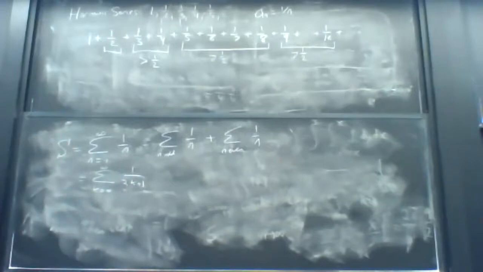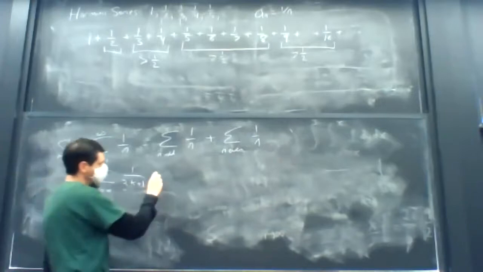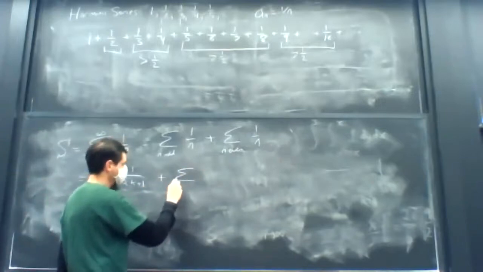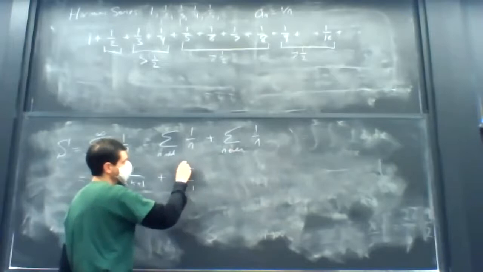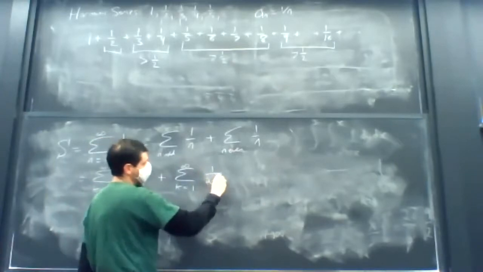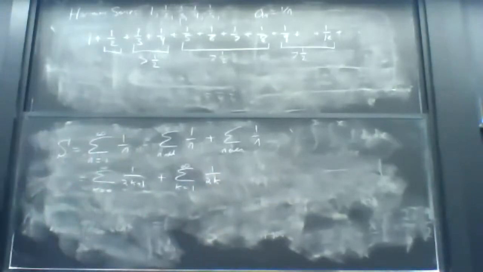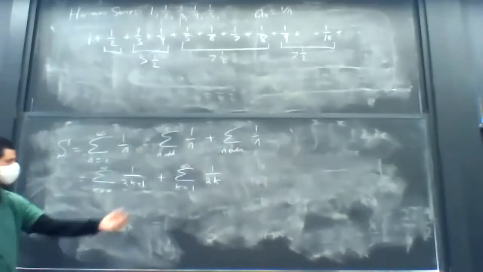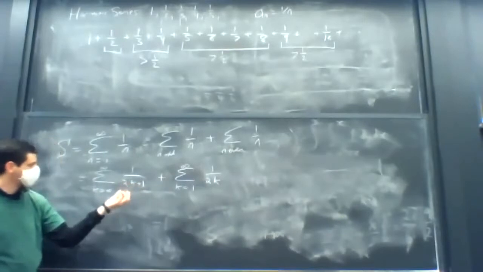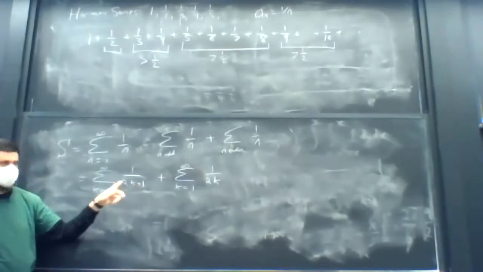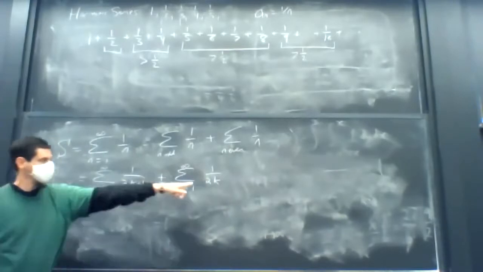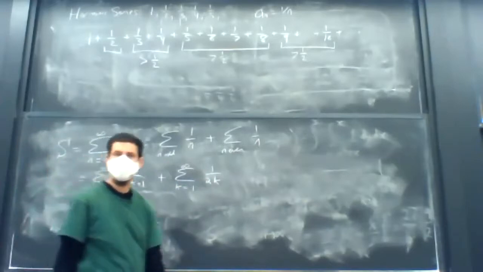Those are going to be my odds. Plus the sum, k goes from 1 to infinity of 1 over 2k, which is my evens. So I'm just writing an arbitrary even as 2k, an arbitrary odd as 2k plus 1. And I start off with the first odd as 1, 2, 3, 4.